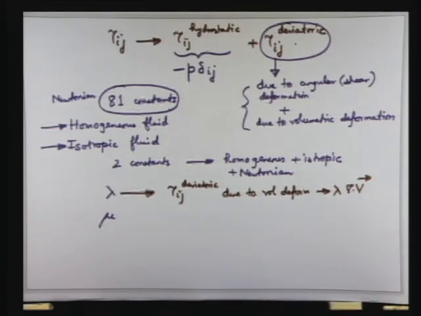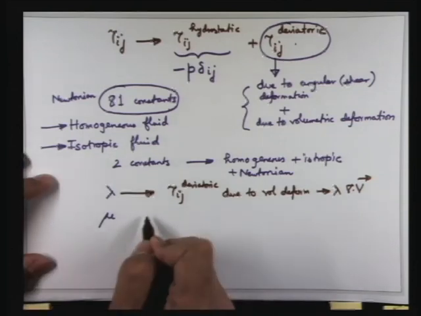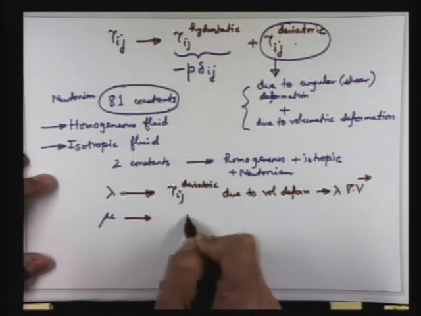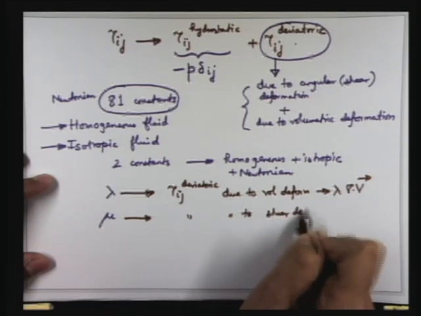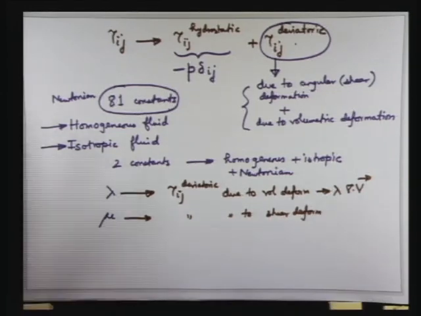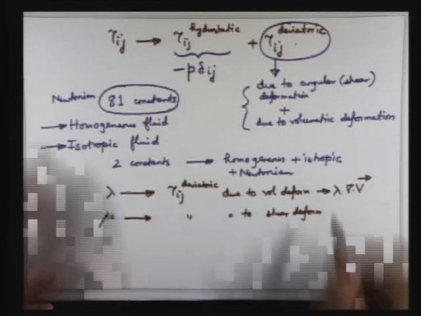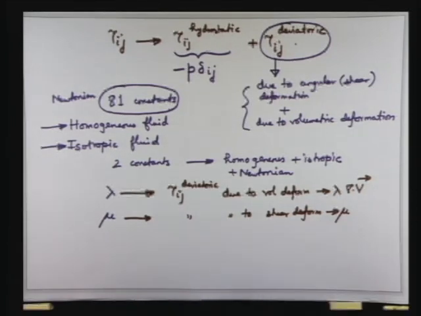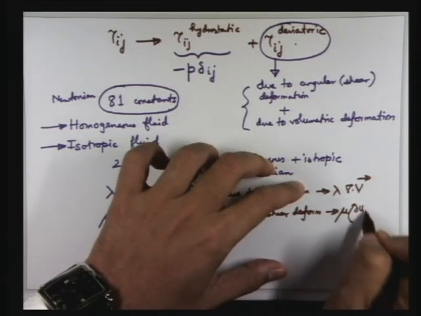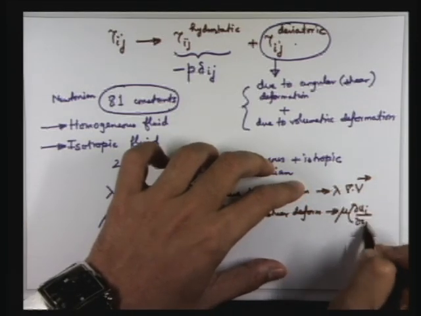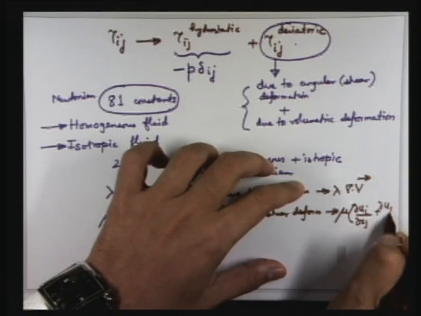So lambda into divergence of the velocity vector. And mu will give rise to tau_ij deviatoric due to shear deformation. So it is mu times shear deformation, del ui del xj plus del uj del xi.